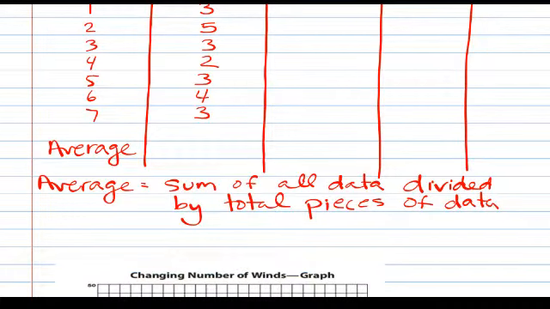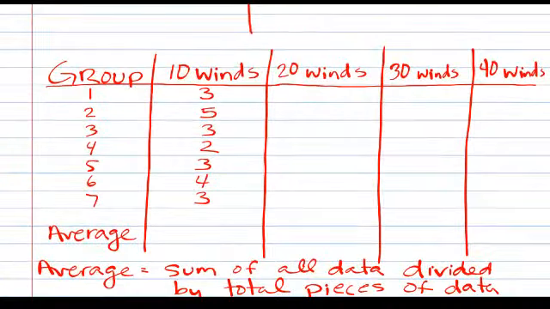So in this case, how do I calculate my average? I would take 3 plus 5 plus 3 plus 2 plus 3 plus 4 plus 3. If I add all these up, I get 7, 10, 12, 20, and 23. I get a total of 23.